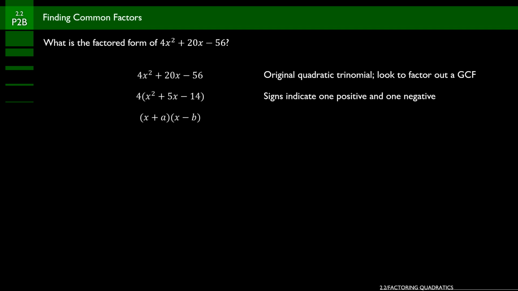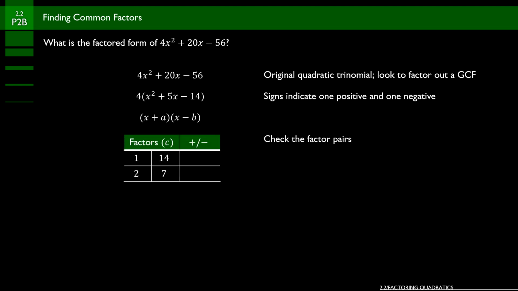So for 14, it's 1 and 14 and 2 and 7. Because we've got opposite signs in our parentheses, we're going to subtract these. So 14 minus 1 gives us 13, and 7 minus 2 gives us 5. We know that we're looking for that 5, so our factor pairs are 7 and 2, so that gives us x plus 7 times x minus 2.